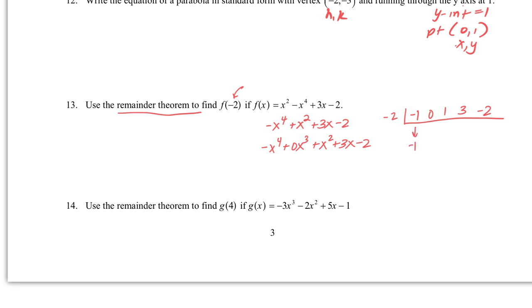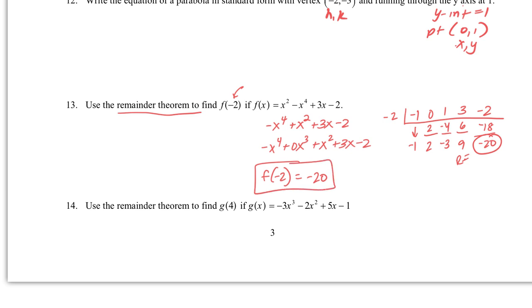So I'll bring down the negative 1, we'll multiply, and then we'll add. We'll multiply and add, multiply again and add, multiply and add. And here's the end. My remainder is negative 20. And what that means is the value of my function when x is negative 2 is negative 20.